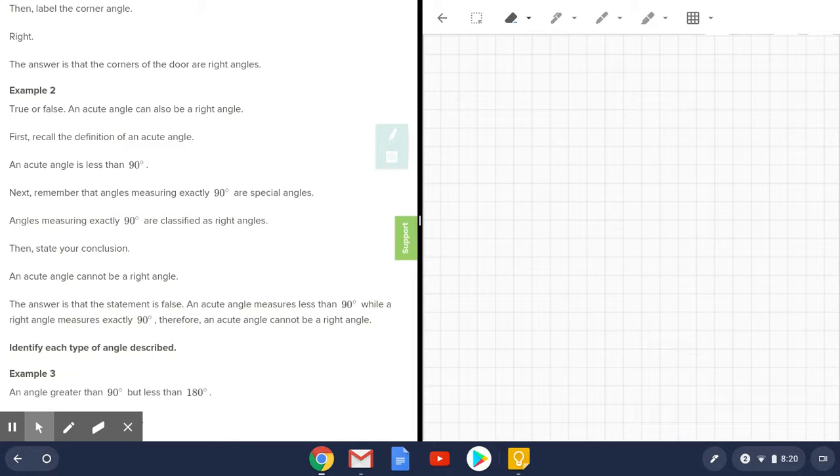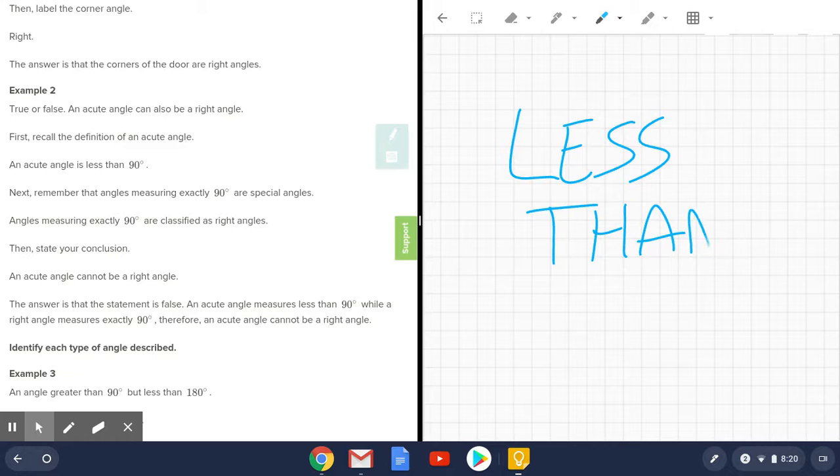So an acute angle has to be less than 90 degrees. A right angle is exactly 90 degrees. Because an acute angle has to be less than, it cannot be a right angle because it's less than. It's not less than or equal to, it's just less than, right?